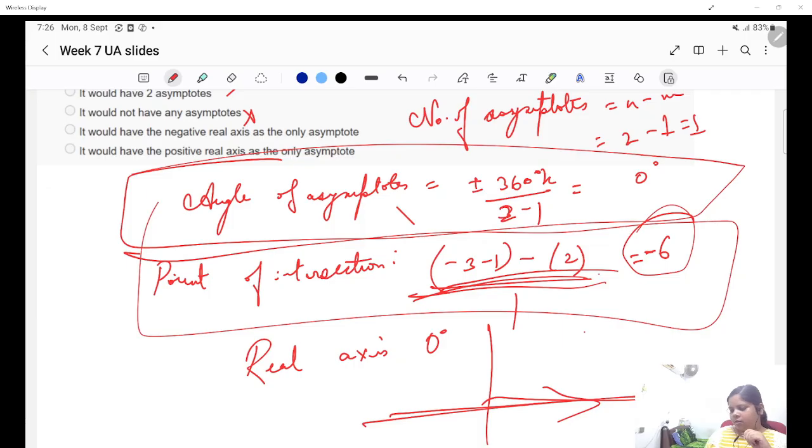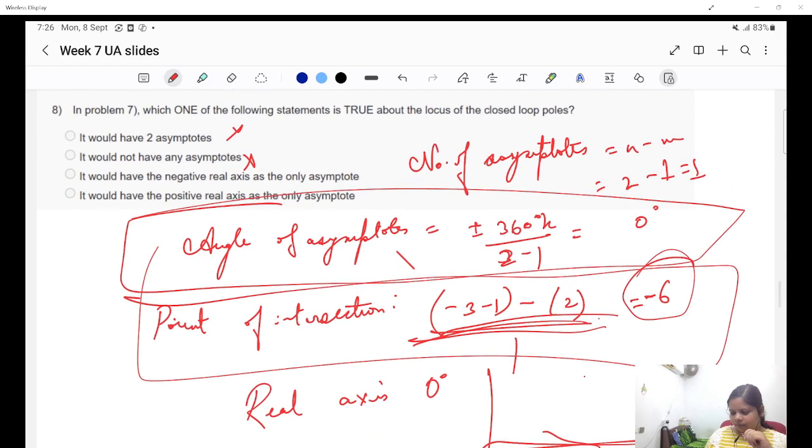Since these two poles have to branch, and one should unite with the zero, and that has to come from the other side, because this real axis is not a point, clockwise, and one more will go to infinity. So if we see the whole picture, we get an idea that this has to be the positive real axis.